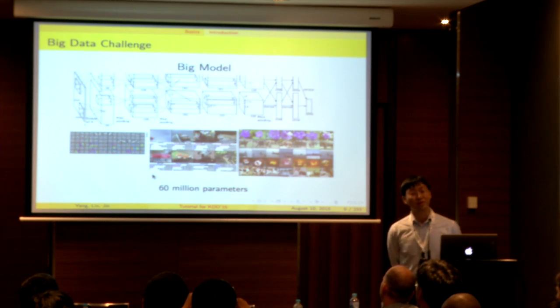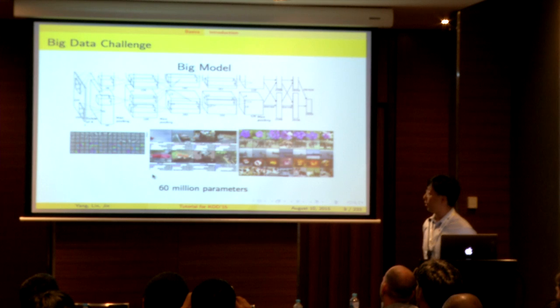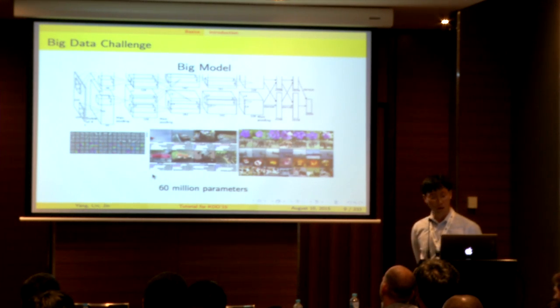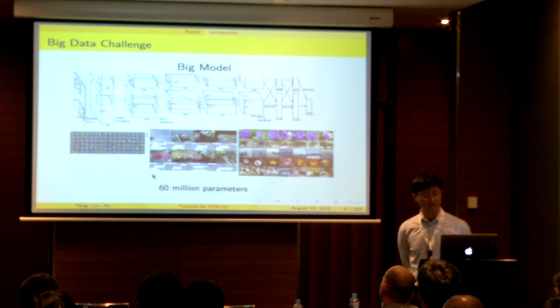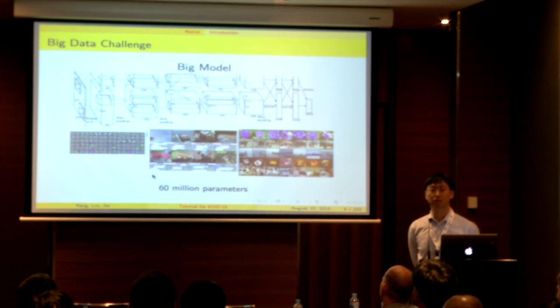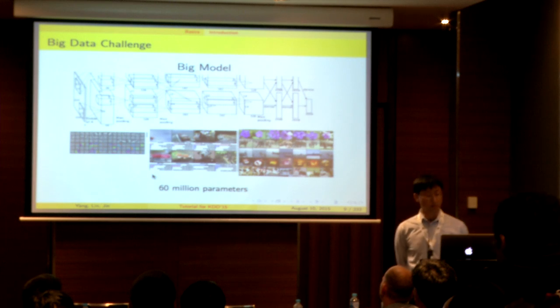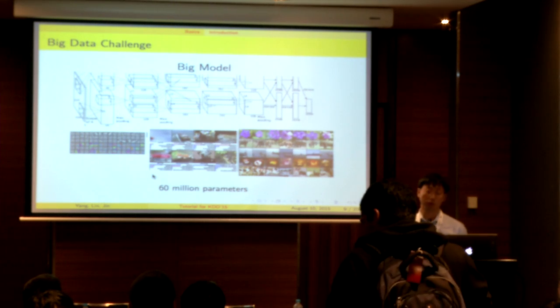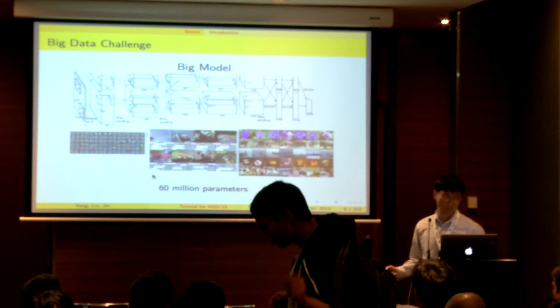So we want to increase the size of the model, so we have a big model. Here I show you the big neural network that was trained for ImageNet classification, a 1,000-class classification problem. This model contains about 60 million parameters. So it's really a huge model, and how to train this huge model becomes a very difficult problem.